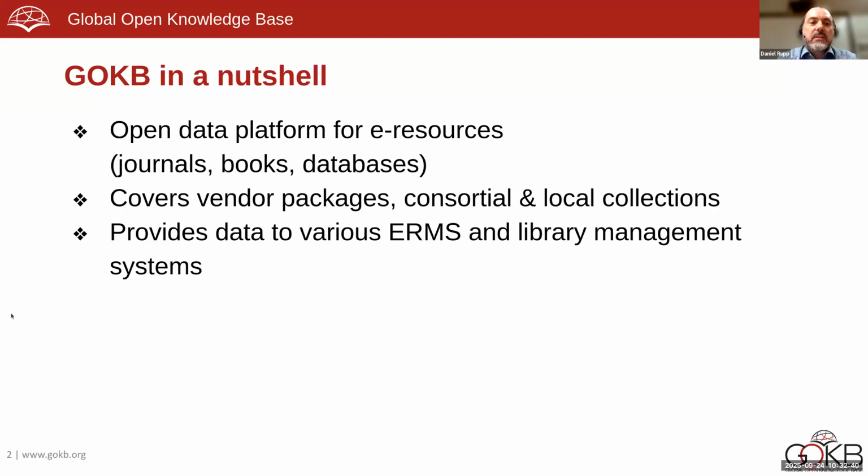They are organized in packages, that means vendor packages, but also consortia and local collections. We see the GOKB as a middle ground for different systems, so we provide our data to various ERM systems and library management systems.